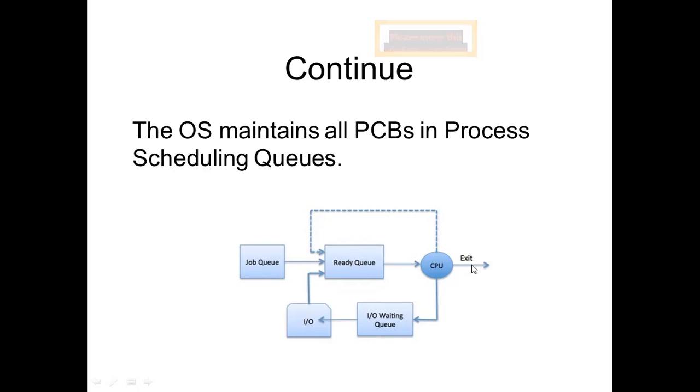After completion, it will come outside, or as per instruction from the CPU, it may go to the IO waiting queue. Suppose you have given a printout, then it will go to the IO waiting queue. After that, it goes to the IO device, and then again to the ready queue.